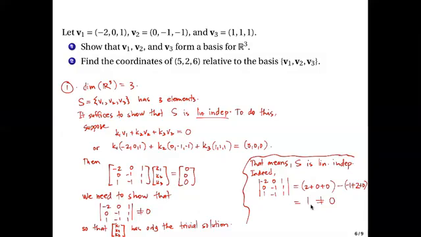Okay? So therefore, this guy here has only the trivial solution, and therefore S is linearly independent. So K1 equals K2 equals K3 equals 0. So S is linearly independent.